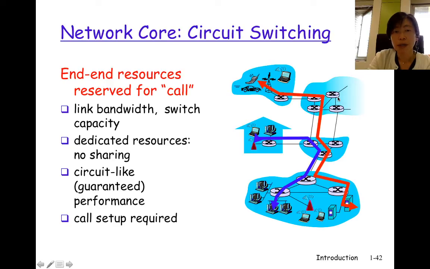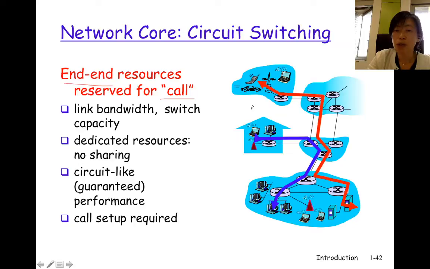All right, so let's talk a bit more about the circuit switching network. Again, from end to end, speaker to listener, we will be allocating resources to reserve and set up a physical call.